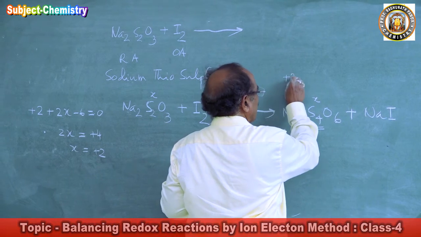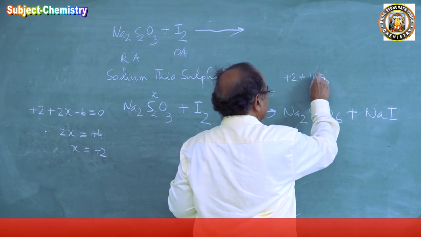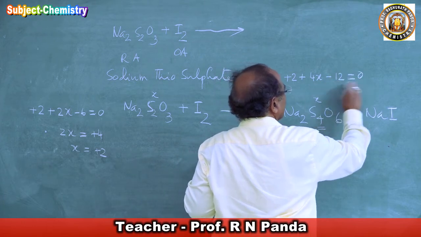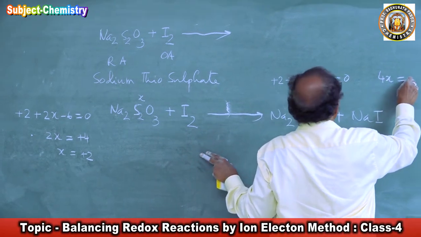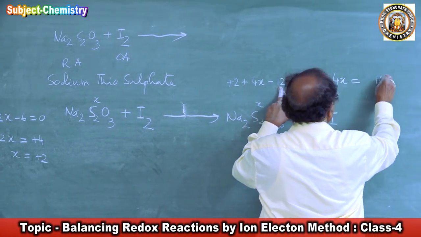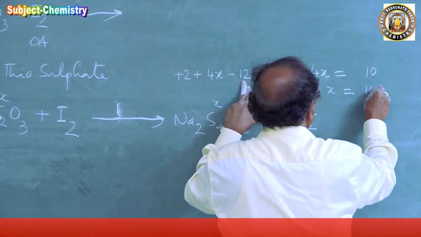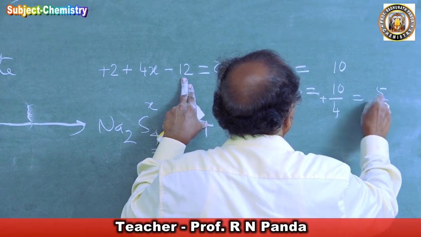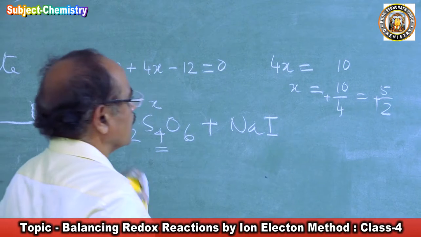So +2 plus 4x minus 12 is equal to 0. So 4x is equal to 10. So x is 10 by 4, that is 5 by 2. We have the oxidation number.